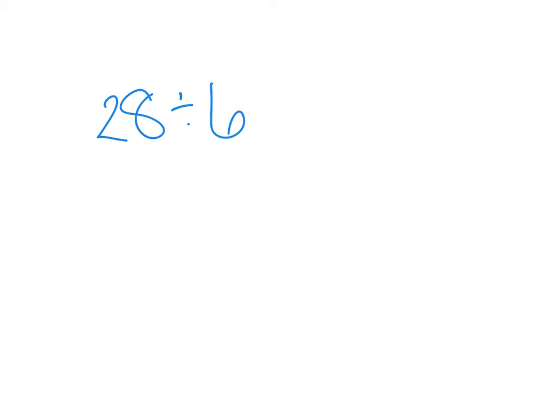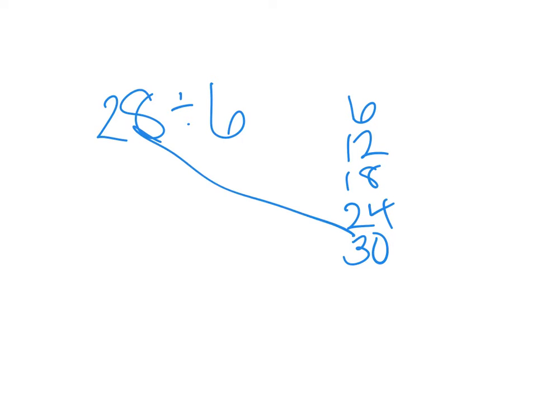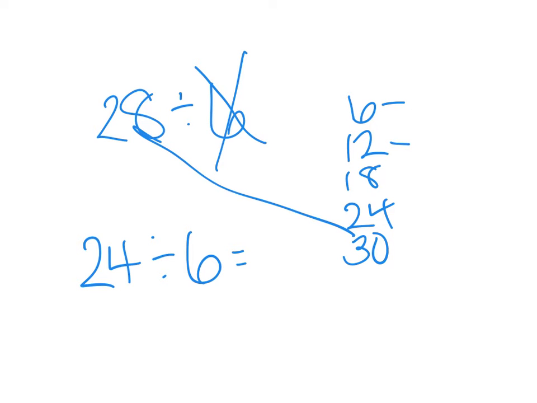If you needed to, you could put the multiples of 6, 12, 18, 24, 30, and realize that 28 did not fit in. So no, 6 is not a factor of 28. But 24 divided by 6, is that a factor of 24? Yes, it goes in there 1, 2, 3, 4 times. So that equals 4.